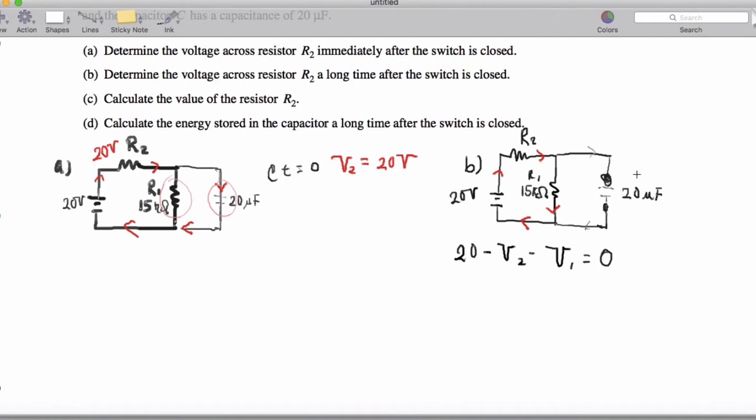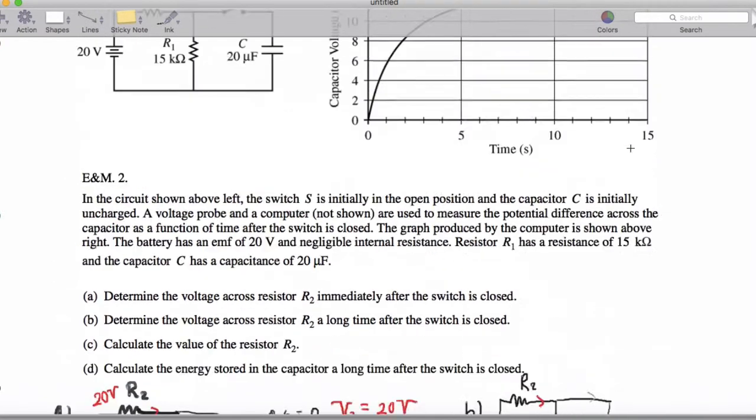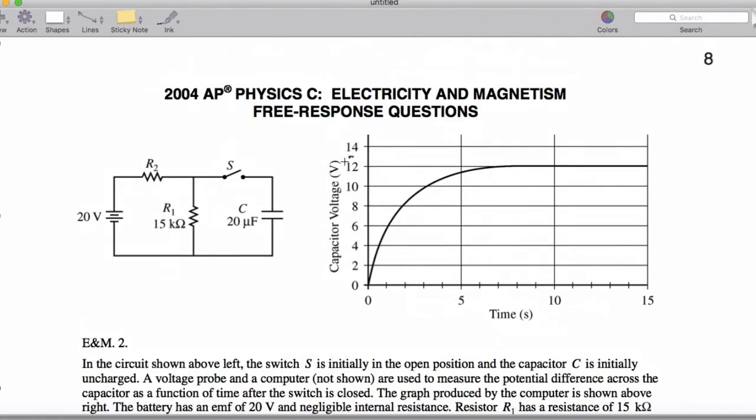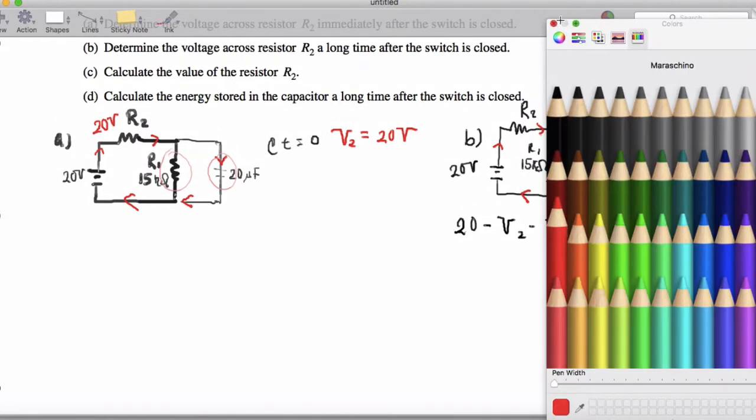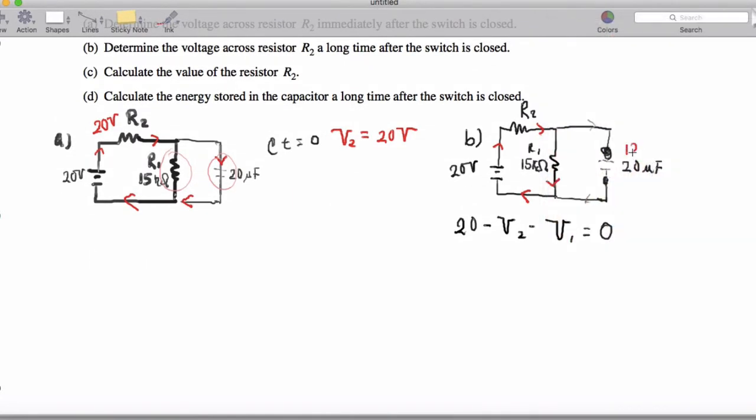Now, although this capacitor from the perspective of current behaves like a break, it still has voltage across it. Let's go to the graph and figure out what that voltage is. So we see here that the voltage at time equals infinity is 12 volts. So what I can say is that this capacitor has 12 volts across it. So this is from the graph.